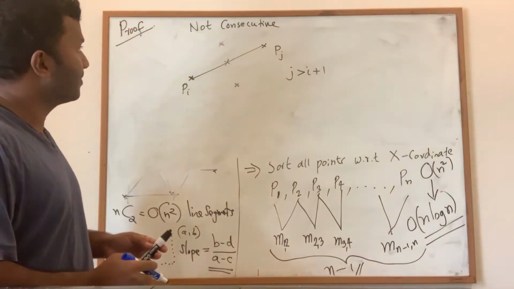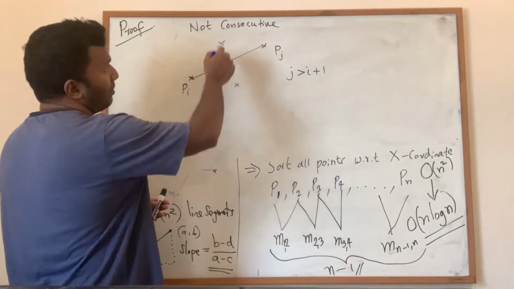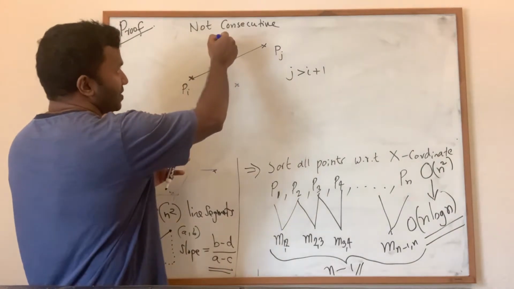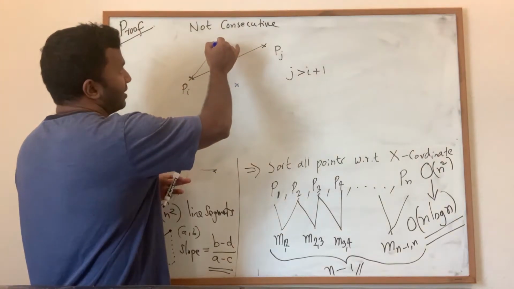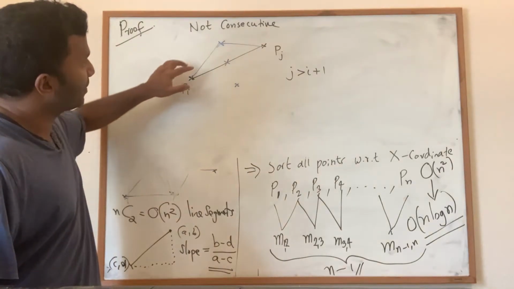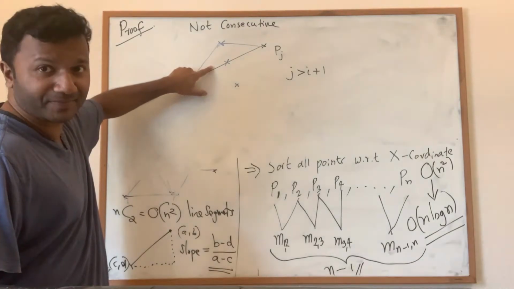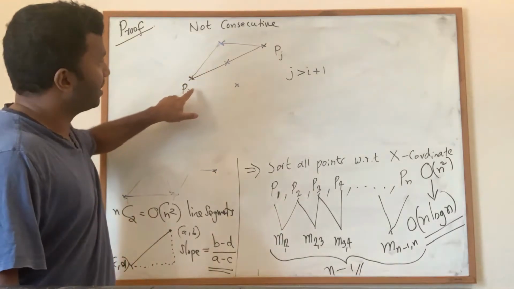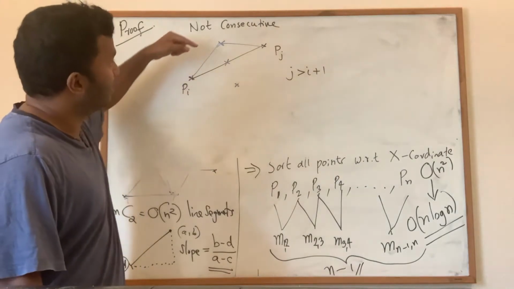And if there is a point above this line, then there is going to be a line segment like this, and another line segment like this. If you look carefully, the slope of this line is more than the slope of the line between i and j. Therefore, Pij can never be the max.